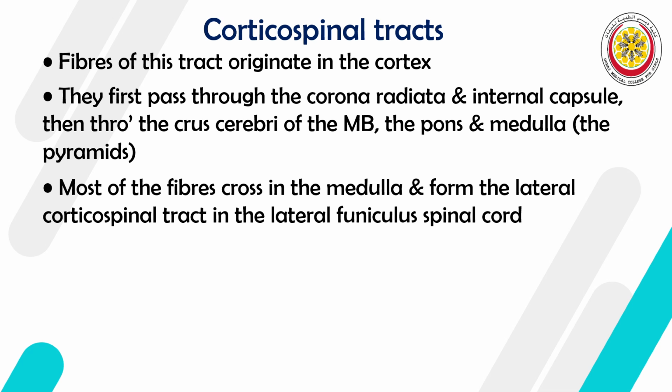So it now passes in the corona radiata. Then they collect and come down in the internal capsule. But as you know, the internal capsule has projection fibers going in both directions. The internal capsule has ascending fibers and descending.